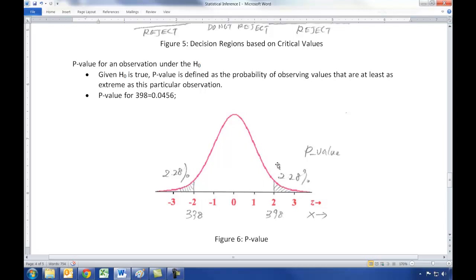So the definition of p-value for observing 398 is the sum of the two shaded areas on the two extreme tails.